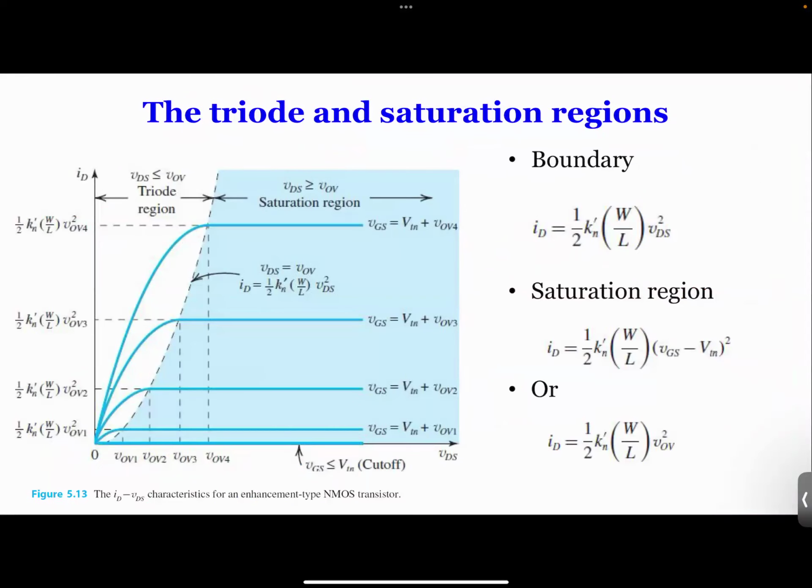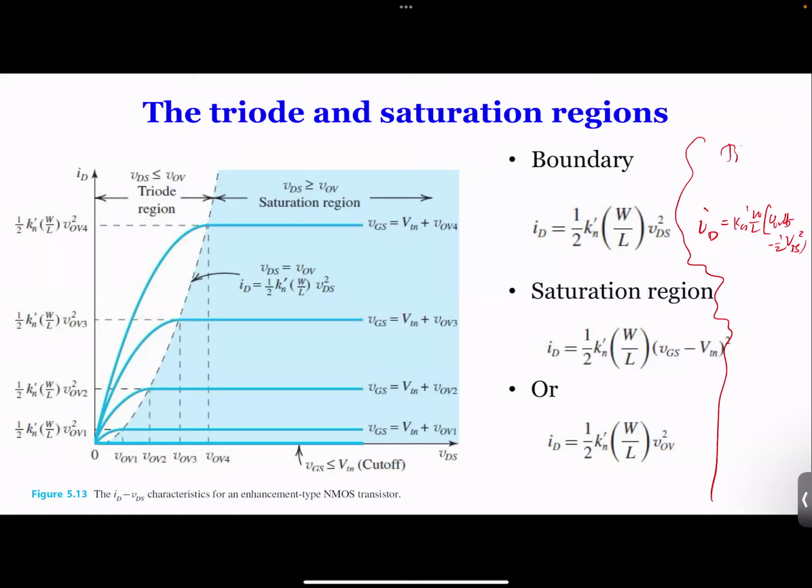The reason is that, as you already know from the previous slide, in either region the current is a function of these variables. For example, in the triode region you have ID equal to Kn prime times W over L times VOV times VDS minus 1/2 VDS squared.